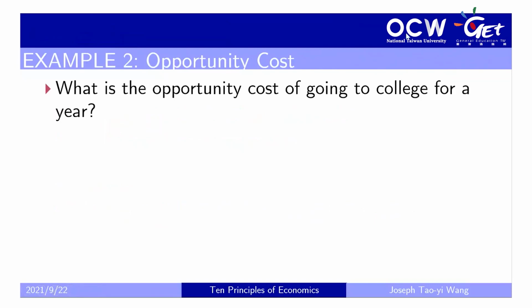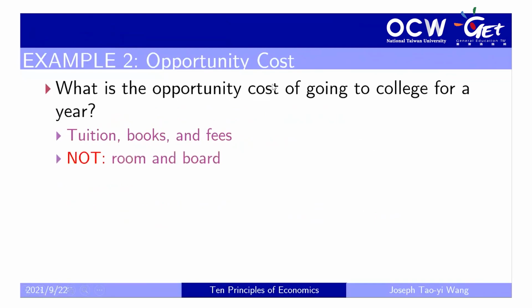So for example, what is the opportunity cost for going to college? Well, you have to pay for tuition. You have to pay for the textbooks, for the fees. And you do have to pay for room and board, but that's not opportunity cost, because you will have to pay for your rent, for the food, even if you're not coming to college. But you're paying it someplace else.